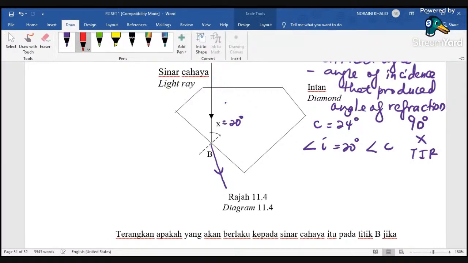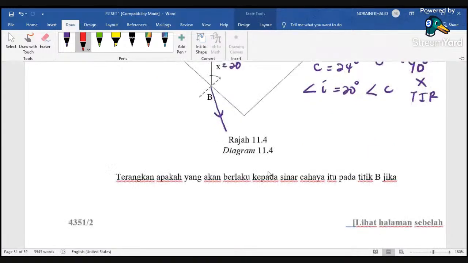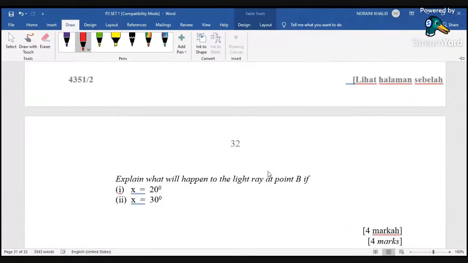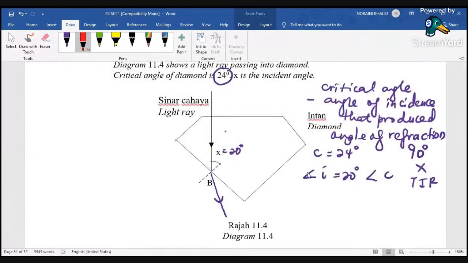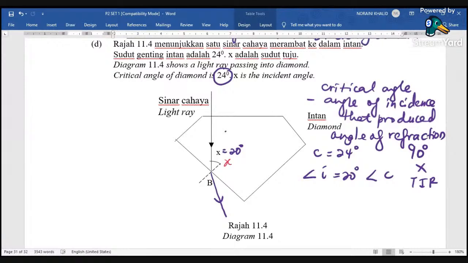If you draw for x equals 30, let's say x equals 30, angle i 30 is more than the critical angle, and the light travels from denser to less dense medium, so total internal reflection occurs. So what happens to the light ray?